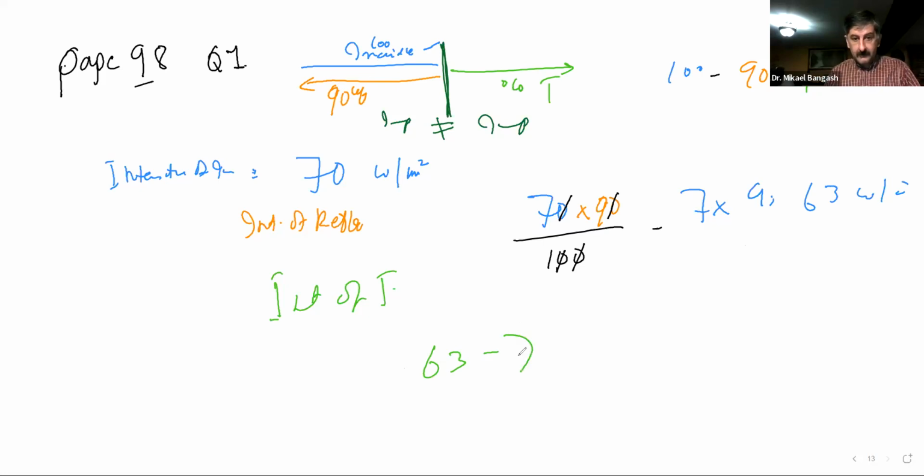Subtract it from the 70, and that gives you the intensity of the transmission, which is going to be 7 watts per centimeter squared. Or you can say 70 multiplied by 10 divided by 100, which still gives you 7 watts per centimeter squared.